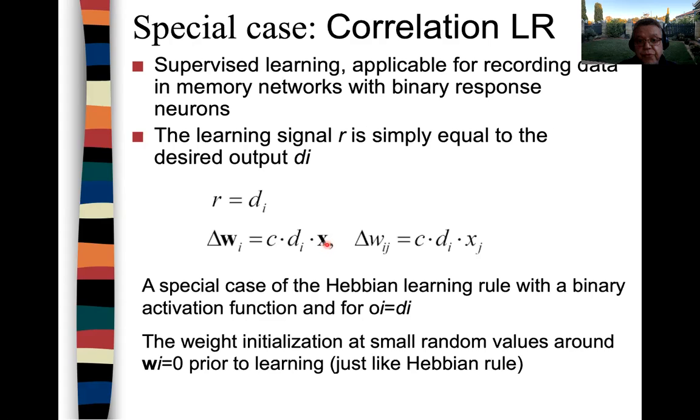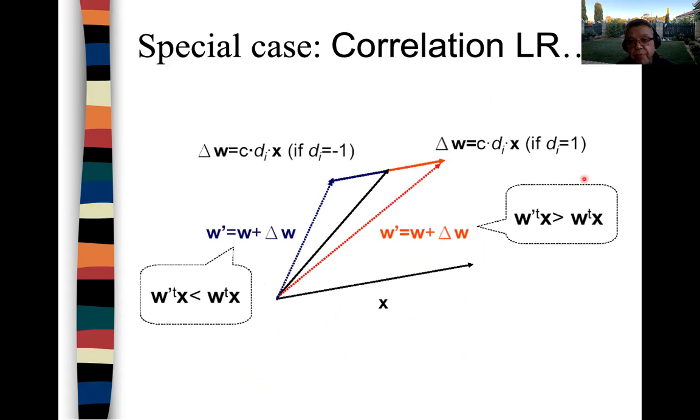If you're talking about the jth input, you just replace X by Xj. So a special case of the Hebbian learning rule with a binary activation function and the output equal to a desired output. The weight initialization is at small random values around Wi equals 0 prior to learning, just like the Hebb learning rule. And the same vectorial diagram applies.